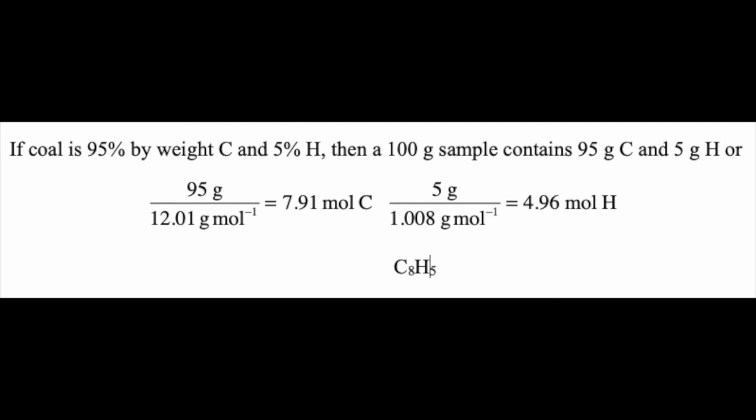If so, then a 100 gram sample contains 95 grams of carbon and 5 grams of hydrogen, or dividing through by the molar mass, we'd see we have 8 moles of carbon and 5 moles of hydrogen when we round up to the next integer. Therefore, the molecular formula of our coal is essentially C8H5.